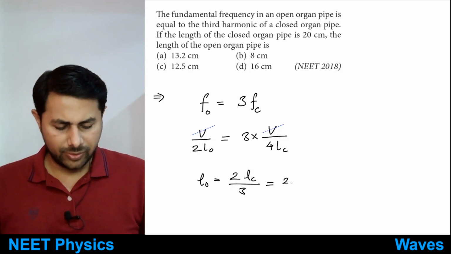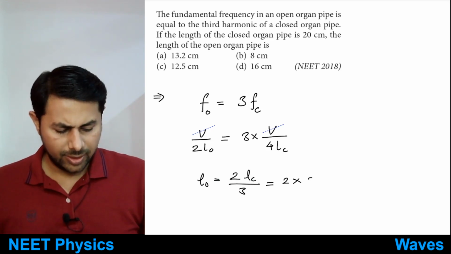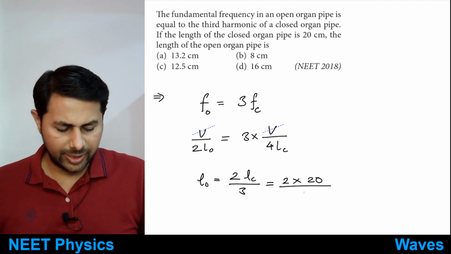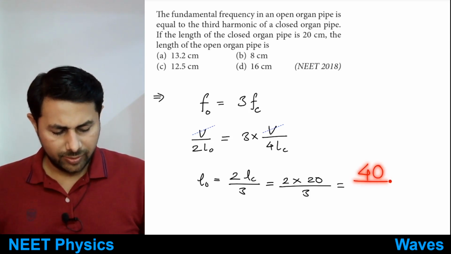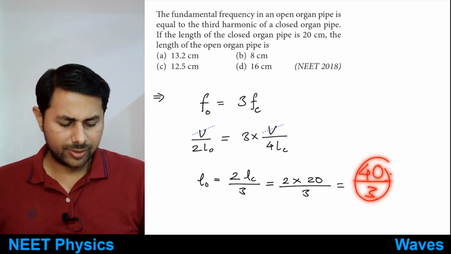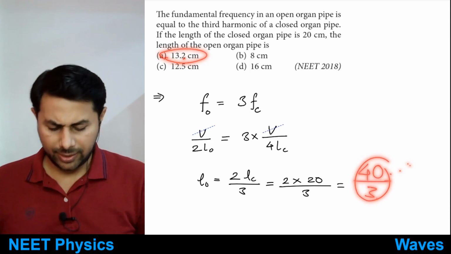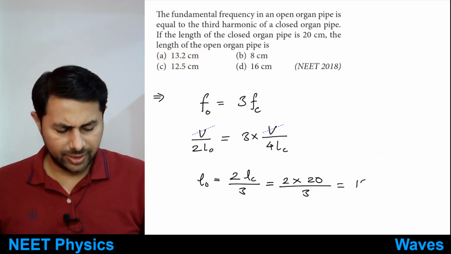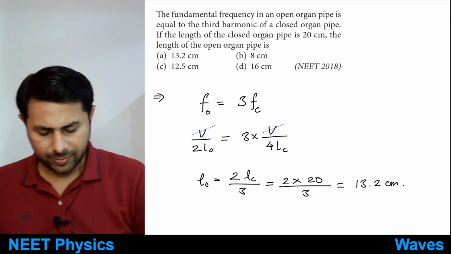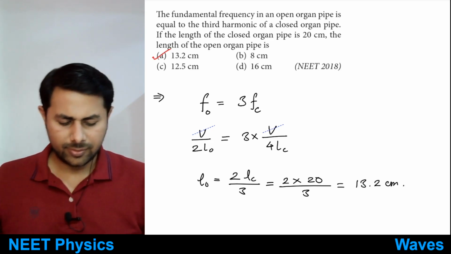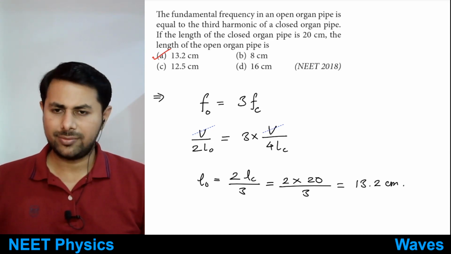So that is 2 times of, what's the length of the closed pipe? 20 centimeters. So 2 times of 20 divided by 3. So that is 40 by 3. How much? 13.2, right? It will be 13.3, something like that. 13.2 centimeters. Okay, that would be the answer. This is clear?